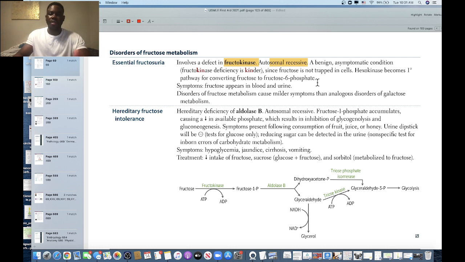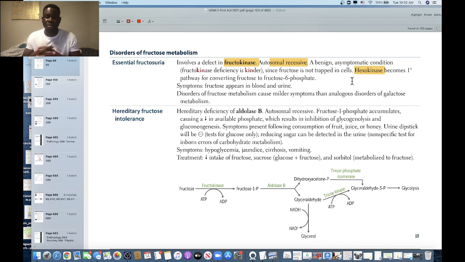Hexokinase can work on glucose, fructose, and galactose, but glucokinase can only work on glucose, right? So if we don't have fructokinase, hexokinase can still work on fructose. That is why its deficiency will not really lead to any major problem.